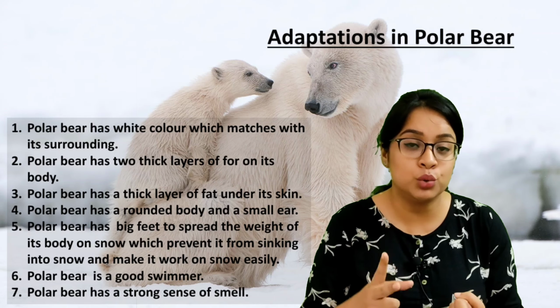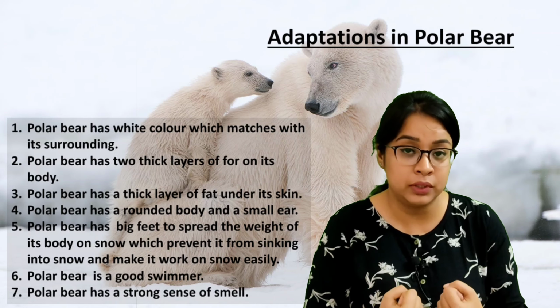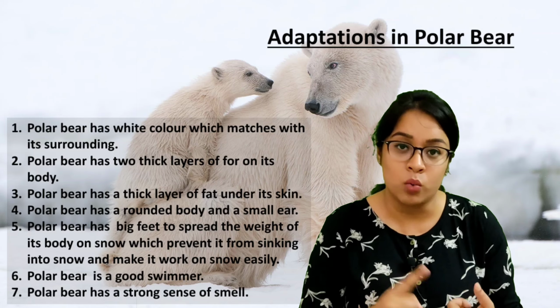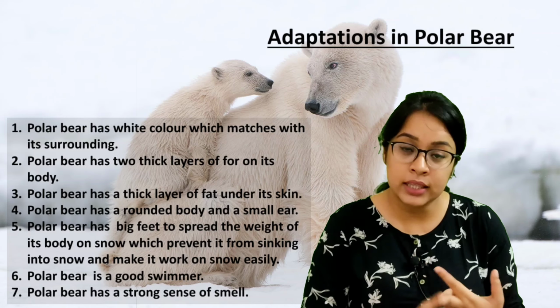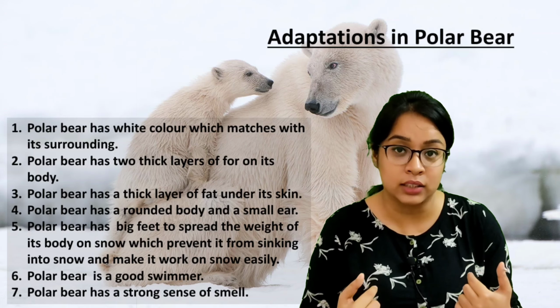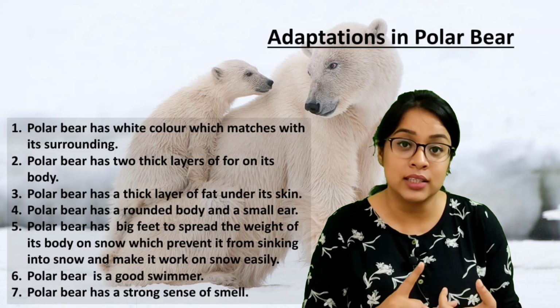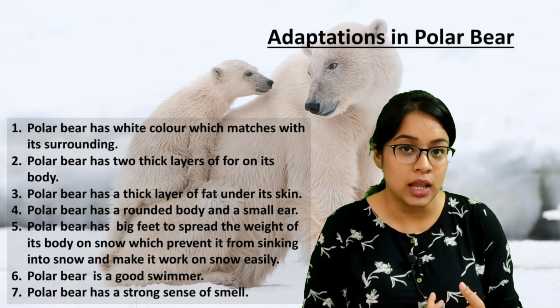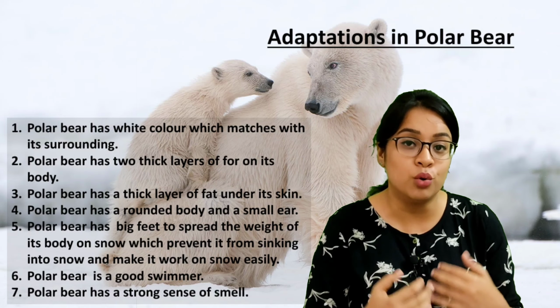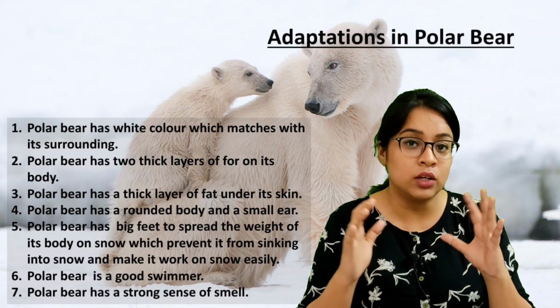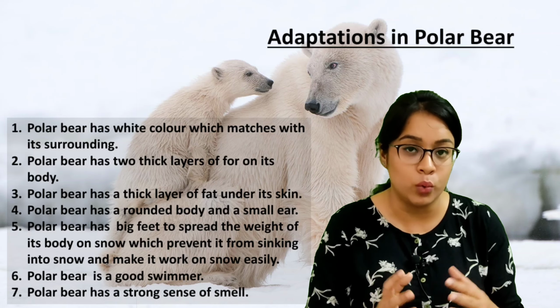So the two layers of fur help keep their body warm. Next, they have a layer of fat under their skin. This fat acts as an insulator that does not allow the warmth of the body to go outside. So it also protects them from the cold weather.